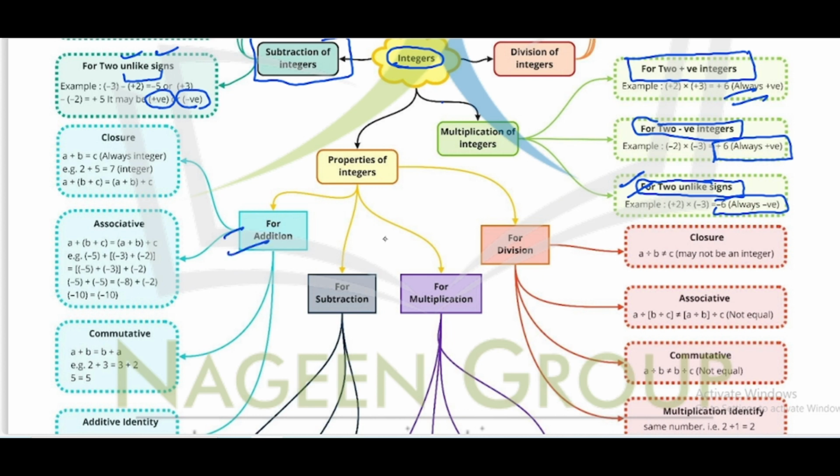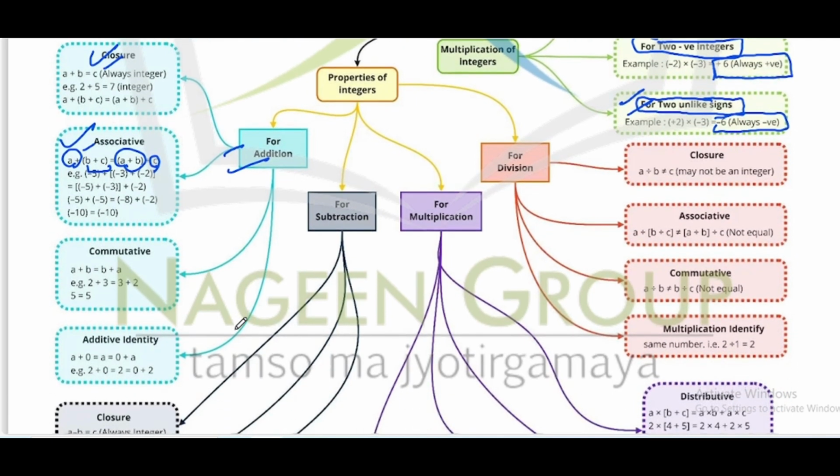Addition properties of integers. We discussed the closure property. It means if we add two integers, then the result is always an integer. Same as the associative property: A plus the sum of B and C is always equal to the sum of A and B, plus C. Integers also show the commutative property.